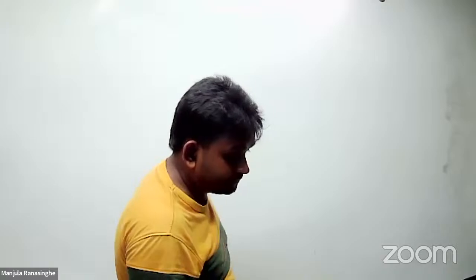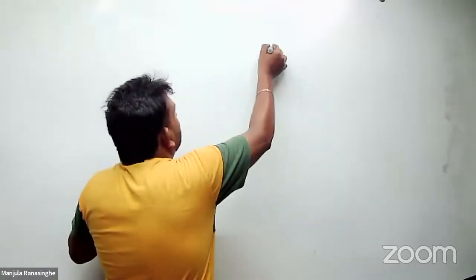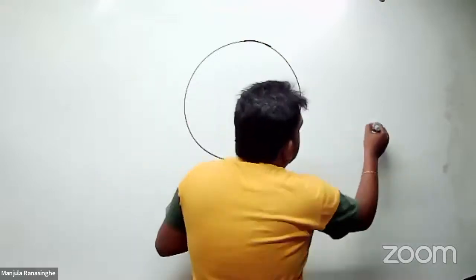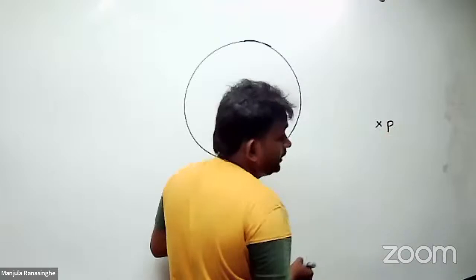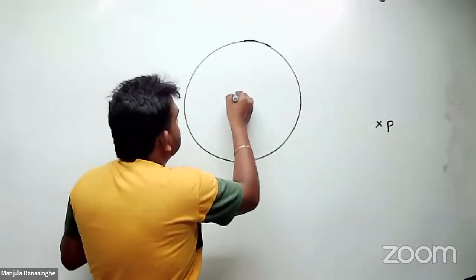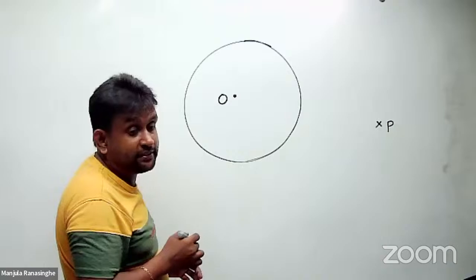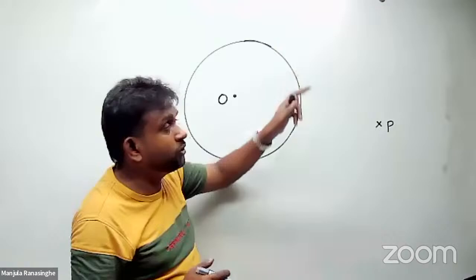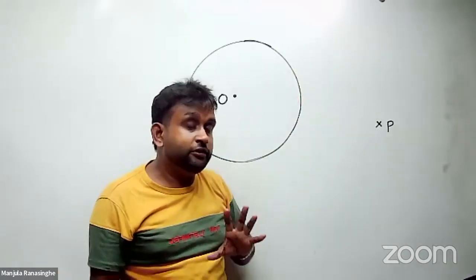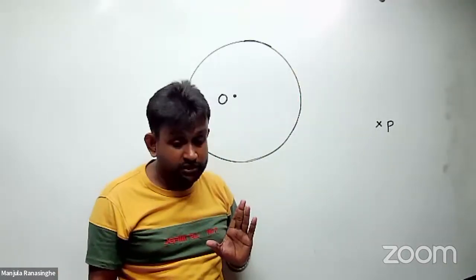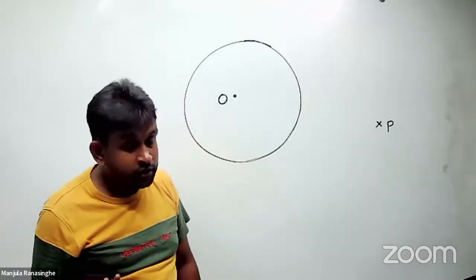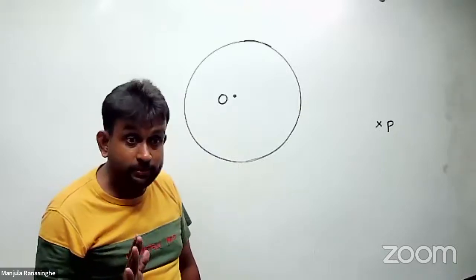Right. Okay, now I am going to draw a circle. This is a circle, and I choose an external point P. And this is the center of the circle, O. They are asking to draw tangents from this external point P. You know that we can draw two tangents from an external point.